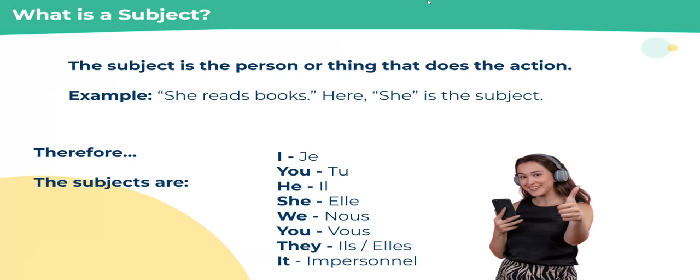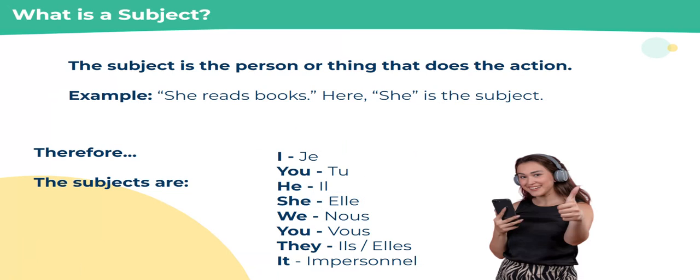So, what is a subject? Let's have a look at these parts of our structure. The subject is a person or thing that does the action. Example: she reads books.